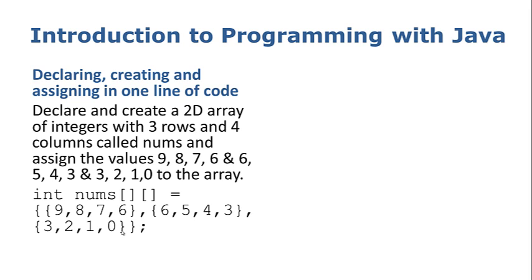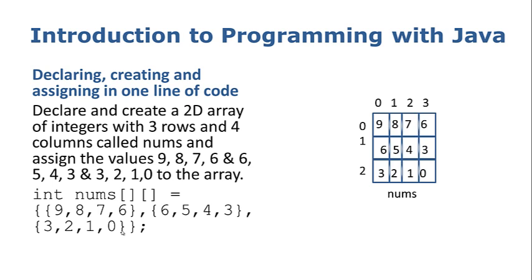That set of curly brackets is followed by a comma, and then we have our last row with 3210 in it. And our final closing curly bracket to close the entire set of data for that particular 2-dimensional array. And what that does is it gives us an array called nums with 3 rows and 4 columns, each with all of the data stored in the appropriate index. So we've managed to do it all in one go in one line of code.